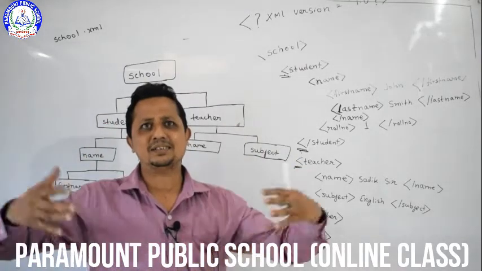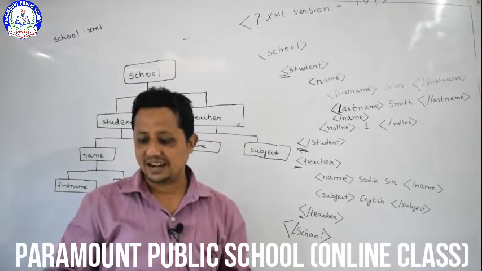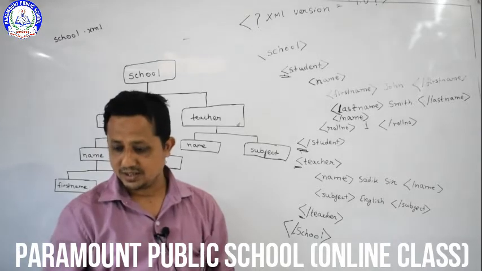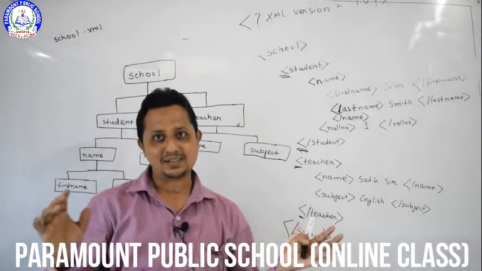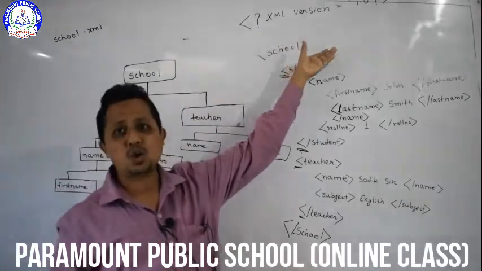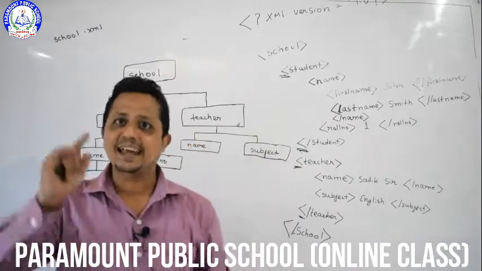It is just like in your book, you may find something on top like this; this is a comment. A comment means a short explanation of the code. So we can use comments in XML.